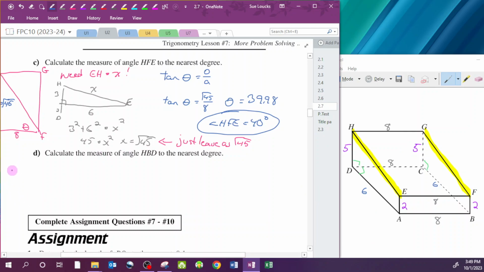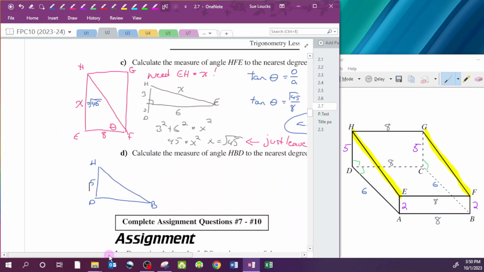So this is H, and this is D, and B. I know that this is 5 because that's given. I'm going to write that down. We were given that is 5.